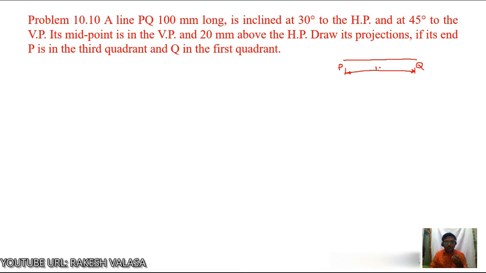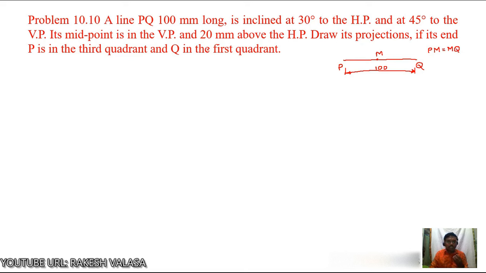Its midpoint means half of this length. If the name is not mentioned, let us assume that the point name is M. This is the midpoint. Midpoint means PM equal to MQ.